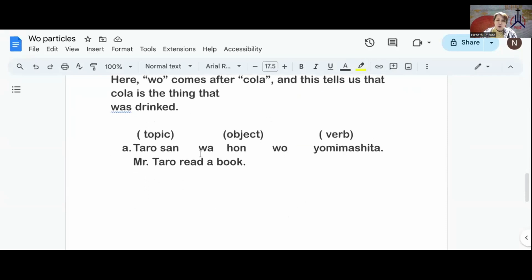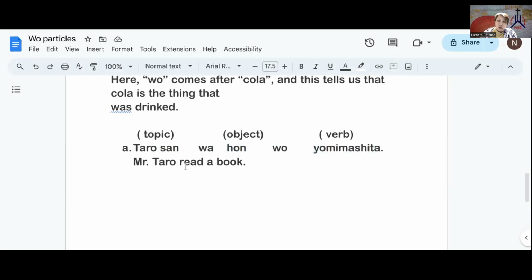Another one, Taro-san wa hon o yomimashita. Okay, Mr. Taro read a book. Again, you have the topic, your wa, subject marker. Again, your subject marker is after your topic or your subject. Now we have your object, the hon. This is a book. And then you have your wo particle again after your object, and then your verb.